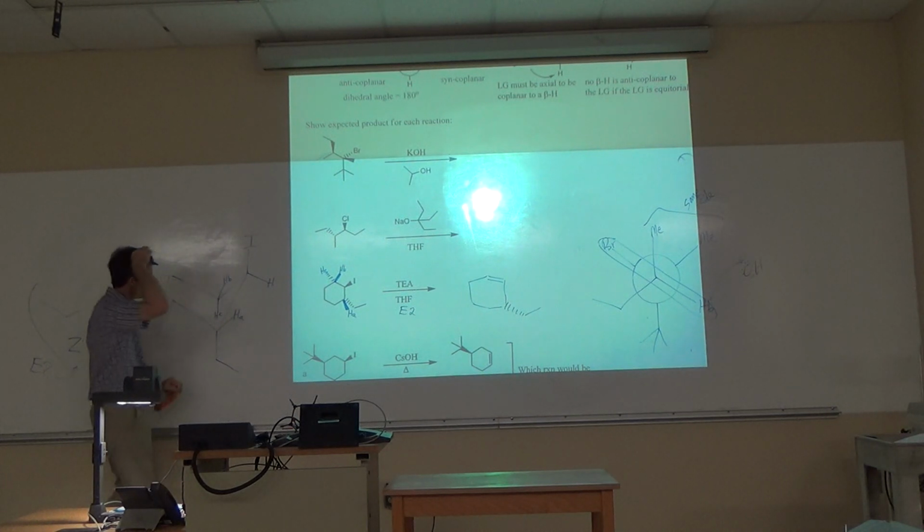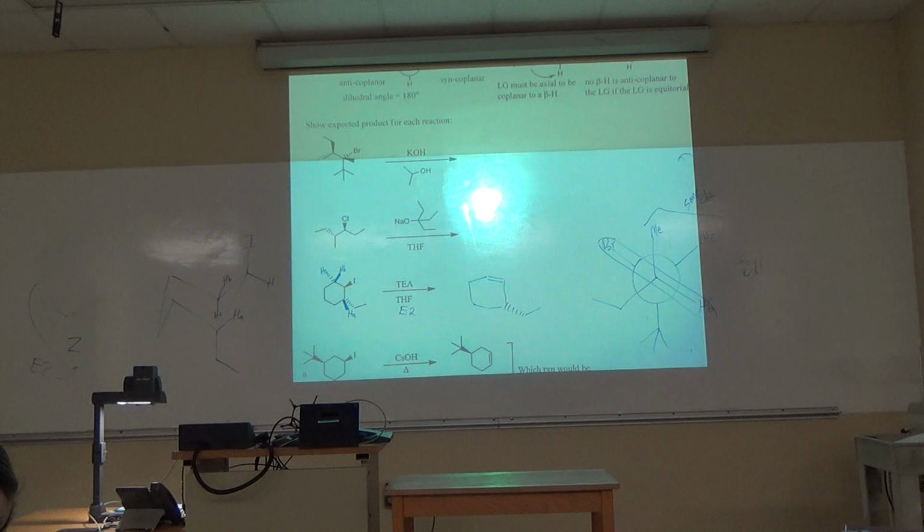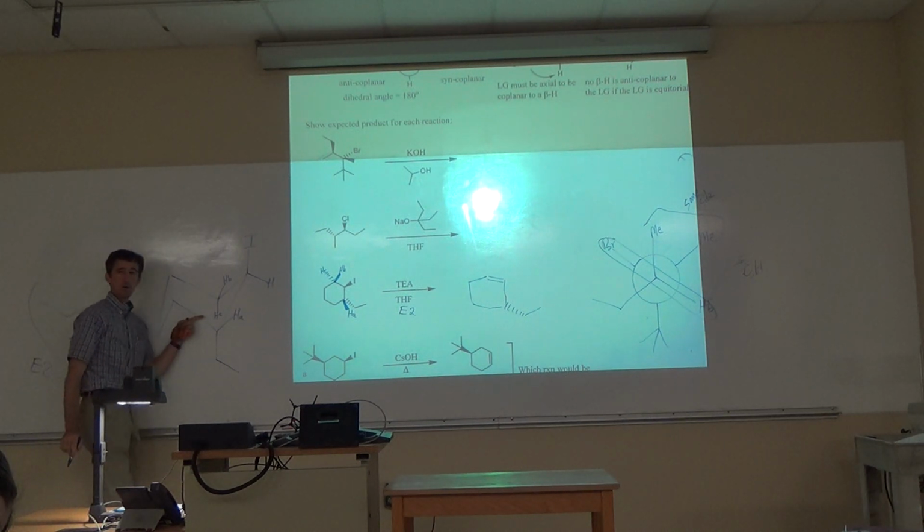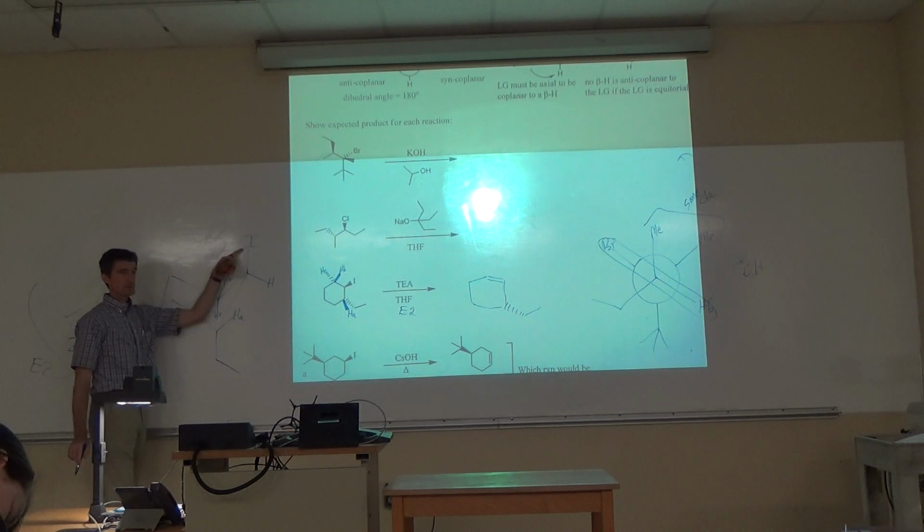HB. There you go. Which lettered H is anticoplanar to the iodine? Which one? A, B, or C? Do you see it? It's straight down, the iodine is straight up.